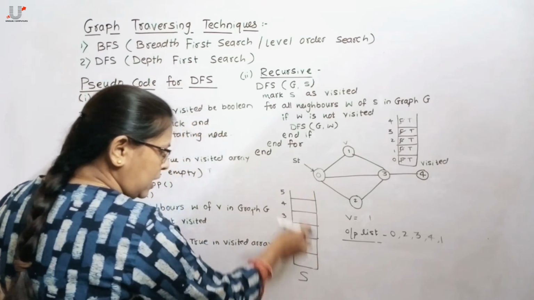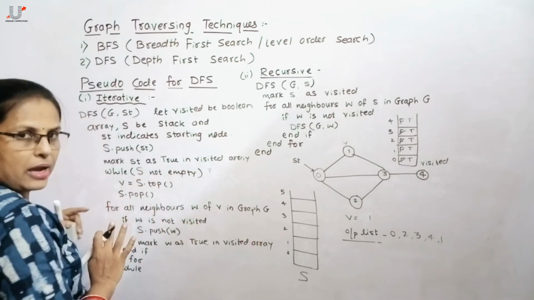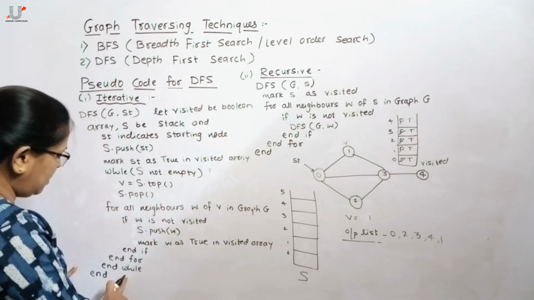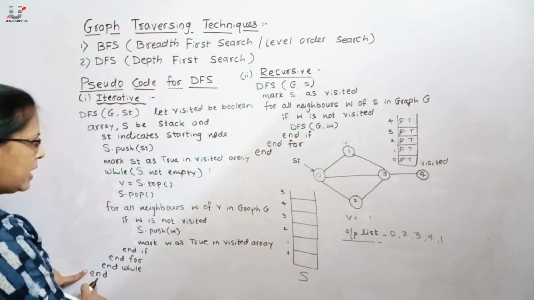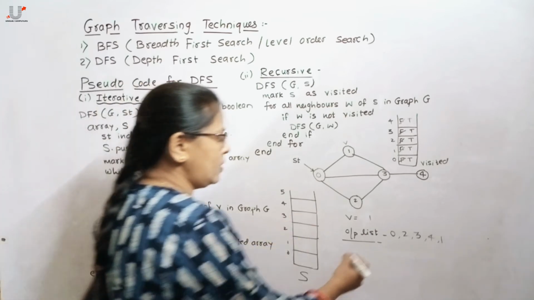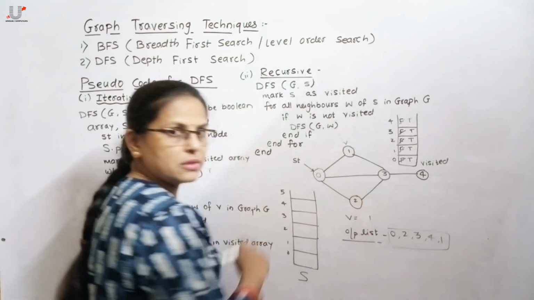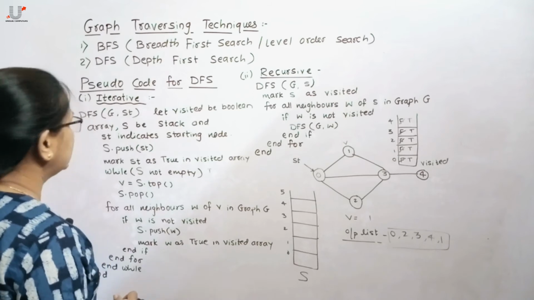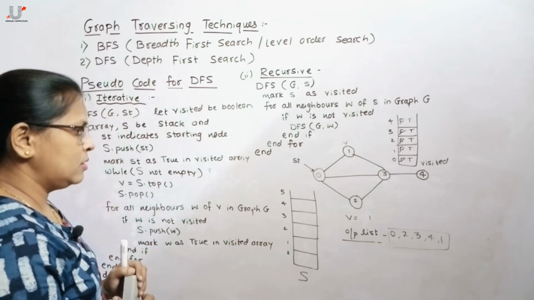Currently no element is present in the stack. That means the stack is now empty, so it will move to the next statement after end while. So it's the end. This is how this graph gets traversed using this pseudocode, using the iterative approach.